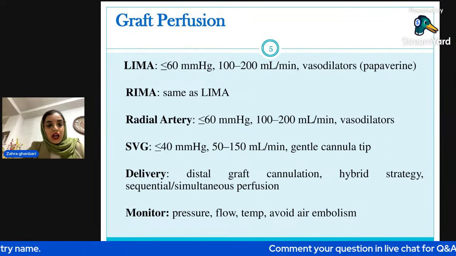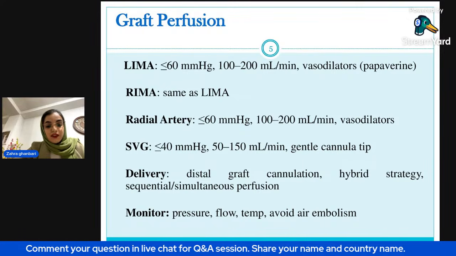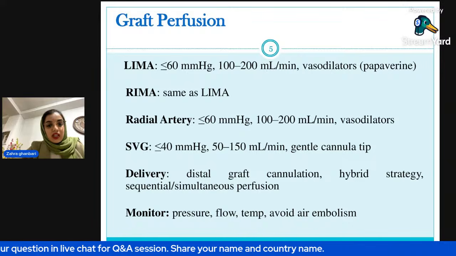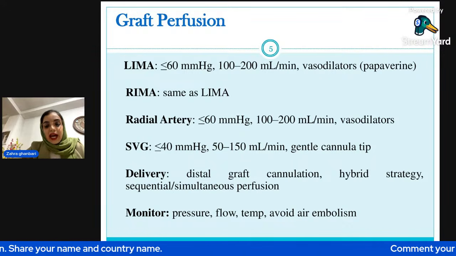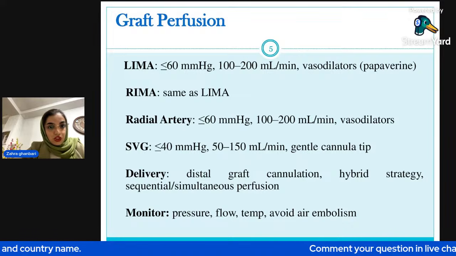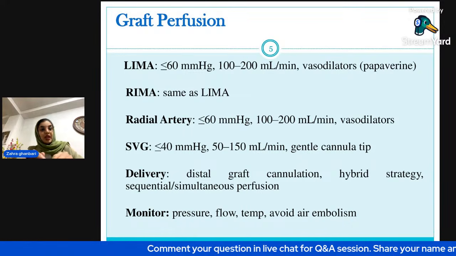A distal clamp prevents backflow of blood during graft perfusion, and we can use vasodilators such as nitroglycerin and papaverine. Temperature control is also important. The graft can be cold or warm.